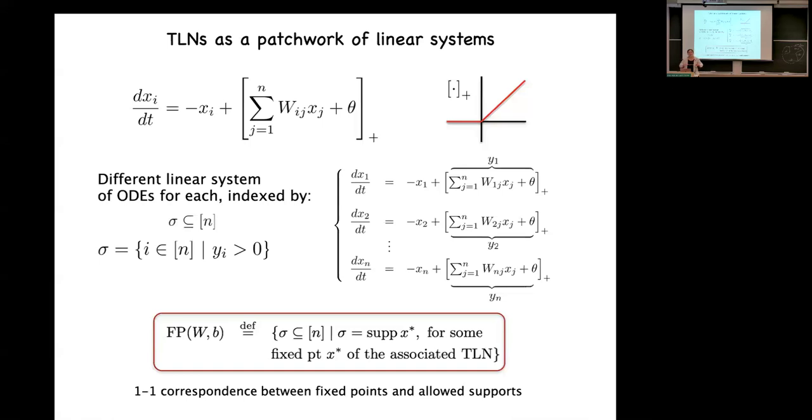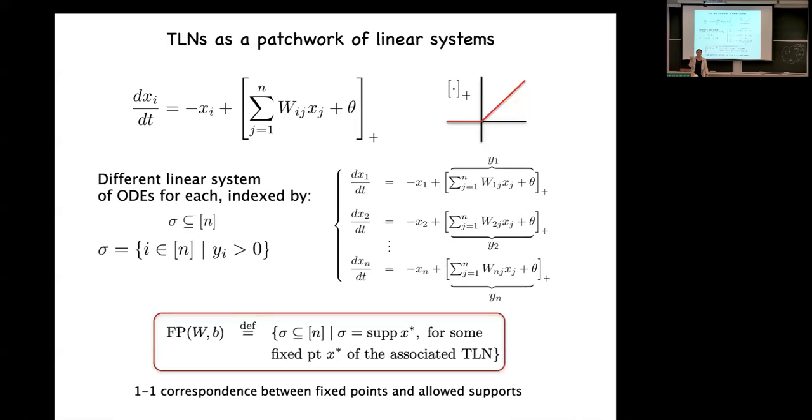Yeah, so of course, if you consider the entire space of TLNs, you will have degenerate situations where the fixed point goes on the wall between the chambers. So for our results, we tend to impose non-degeneracy conditions on the W matrix, which ensure that the fixed points are away from these hyperplanes. But they do tend to be on walls of the positive orthant, because what distinguishes fixed points is their support.